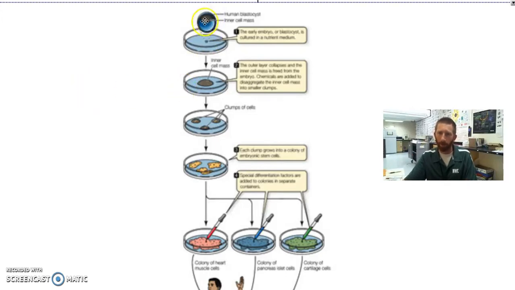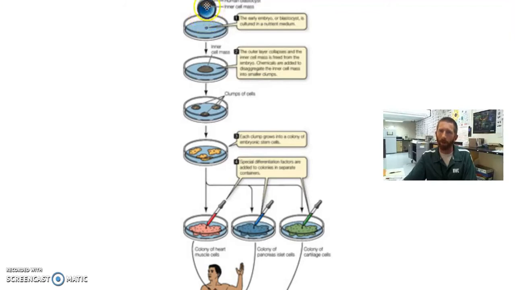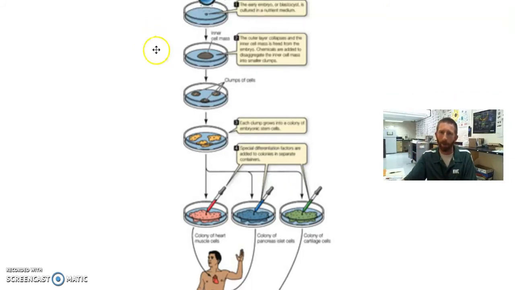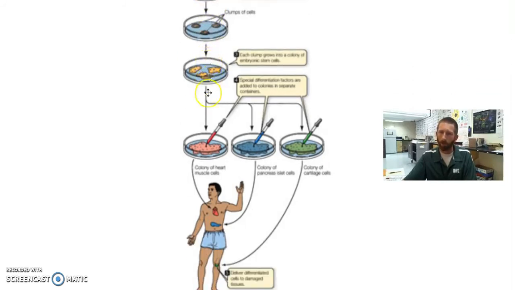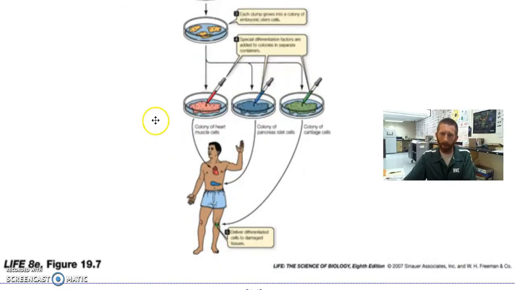You remember that we had this inner cell mass, and we could break that inner cell mass out of the embryo, thereby destroying the chances for the embryo to grow into a full intact human being. We could take that out and put it in a petri dish, and then we could expose the cells in the petri dish to different chemicals, and depending on the chemicals we could use those stem cells to make a heart, or a pancreas, or a new meniscus or kneecap, or patella, or whatnot.